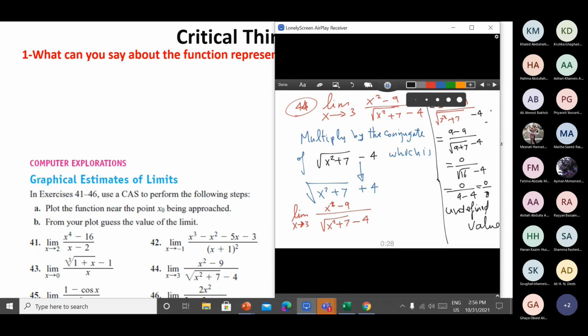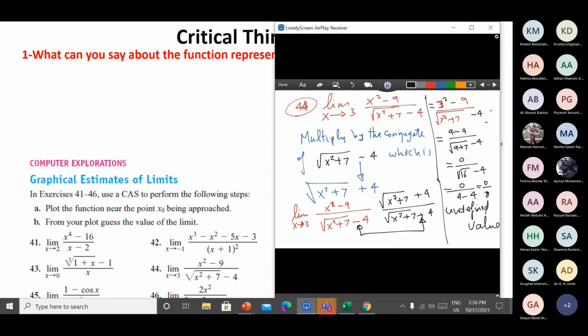You multiply the numerator and the denominator by the conjugate, which is root square of x squared plus 7 plus 4 over root square of x squared plus 7 plus 4. What is the point of multiplying by the conjugate? As I told you, just to change the sign between the root and the number. So yes, this is the square difference. In Arabic, they call it فرق بين مربعين.